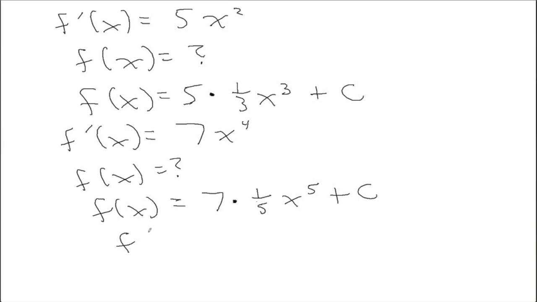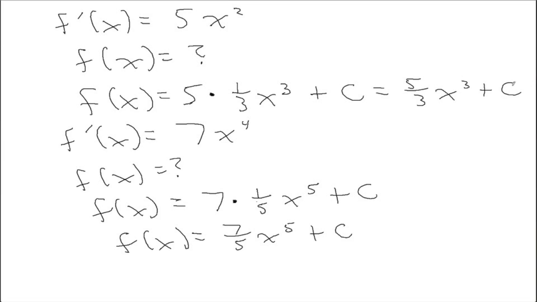Good, and then we'll rewrite that. What's 7 times 1/5? 7/5 x to the fifth plus c. Good. And what's 5 times 1/3? 5/3. So that's how we could rewrite this.